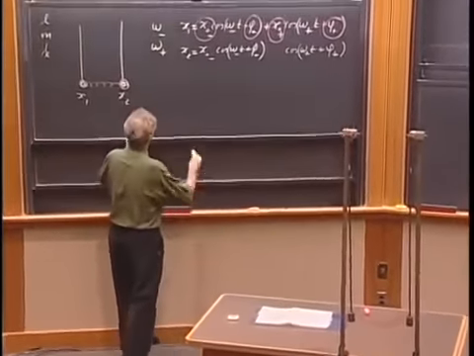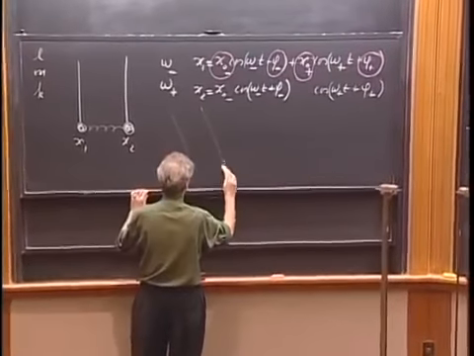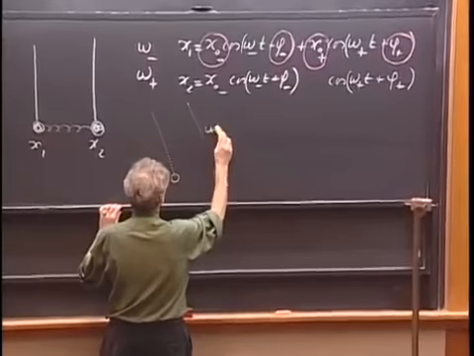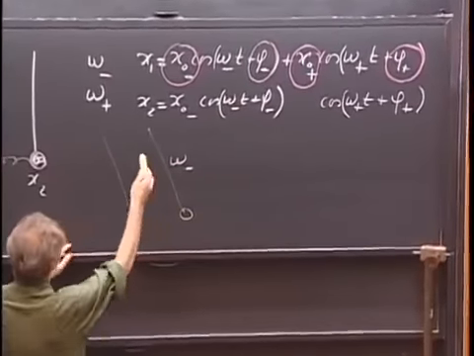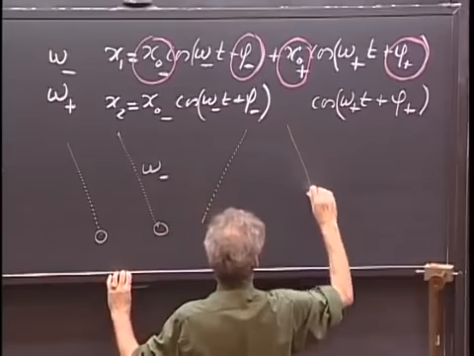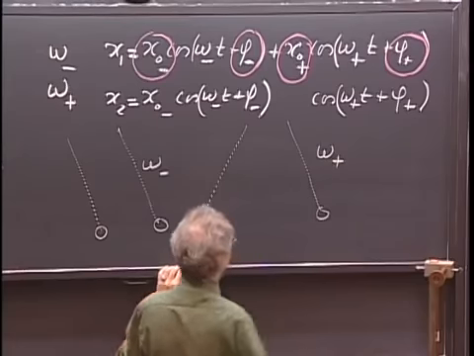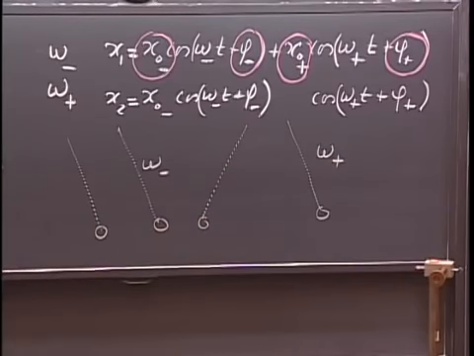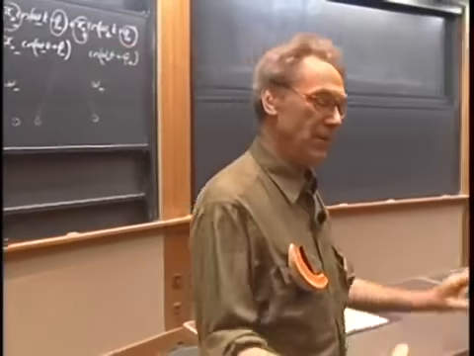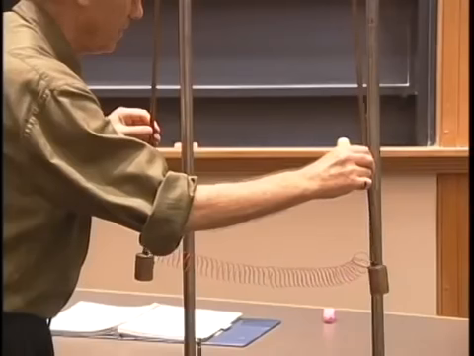So let me make here a drawing of the omega minus. And then the amplitudes are the same. And here I make a drawing of the omega plus, higher frequency, and the amplitudes are now the same, but 180 degrees out of phase. So it's easy to excite that.